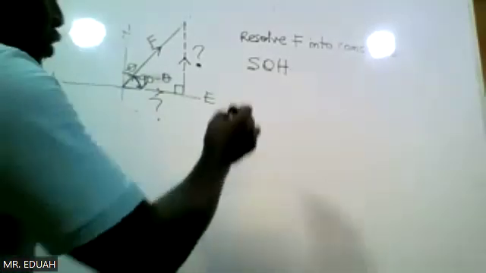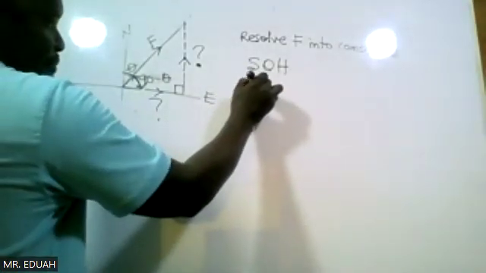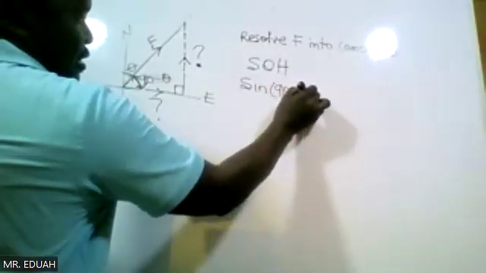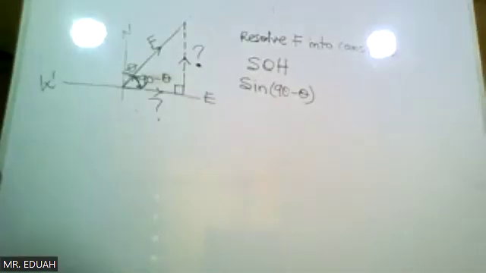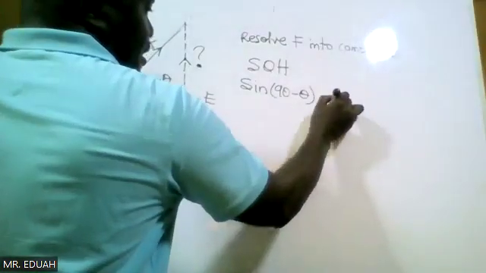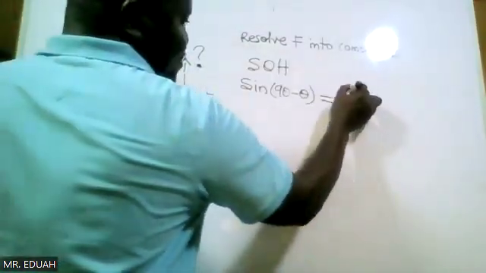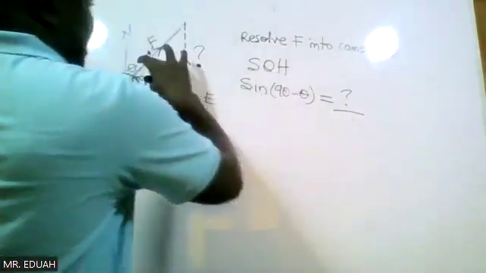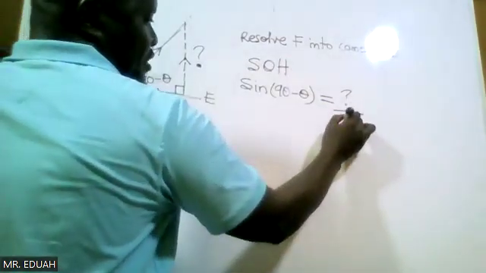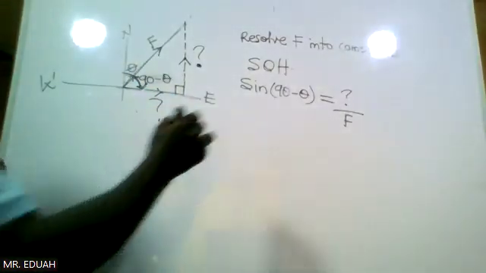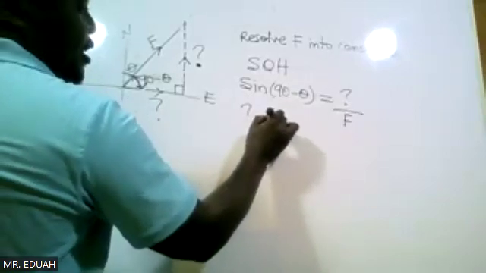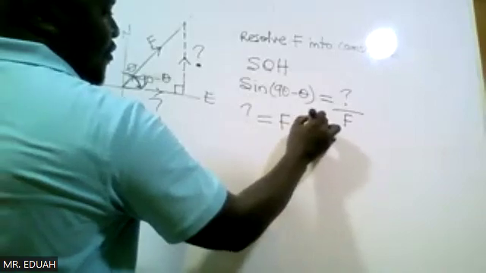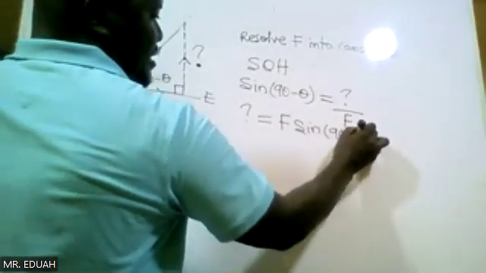So sine of the angle, 90 minus theta, is equal to the opposite side, which is being looked for, divided by the hypotenuse, which is the force F. The unknown is therefore equal to F times sine of 90 minus theta.